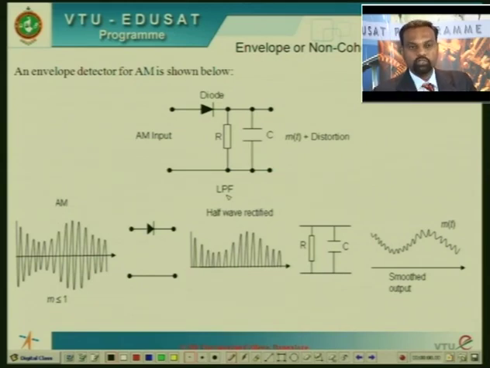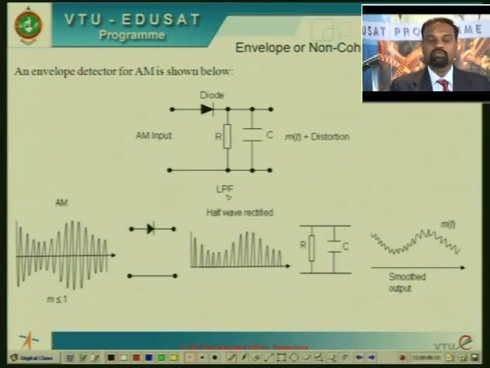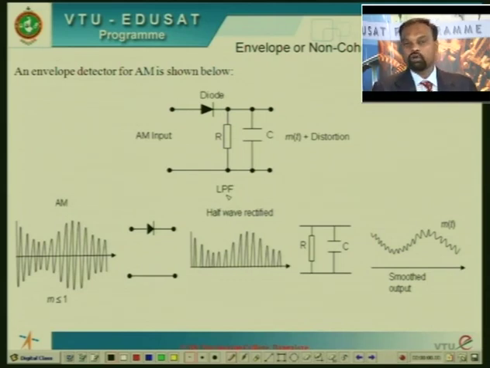It is switched on or switched off, and the switching is controlled by your input signal, that is your AM signal. If the voltage of your AM signal is above the cut-in voltage of the diode, the diode is on. If it is below the cut-in voltage, the diode will be switched off.